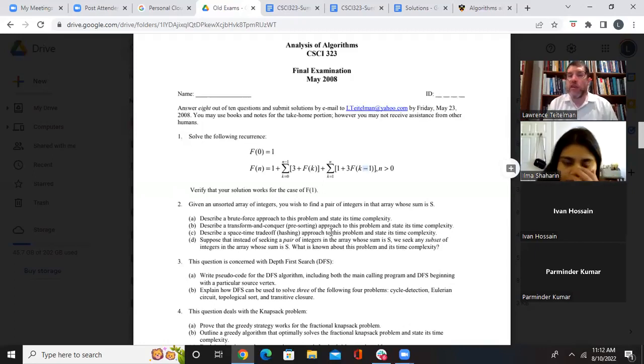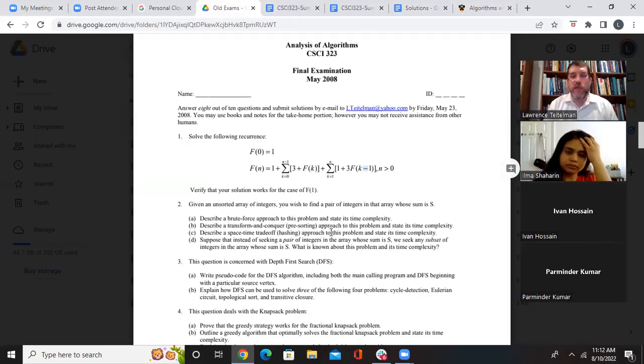Cheng says iterate through all pairs, right? So how many pairs are there? There's roughly n squared, n choose 2 pairs. We take each pair, we add up the integers, and if the sum equals s, then great, we return that pair.